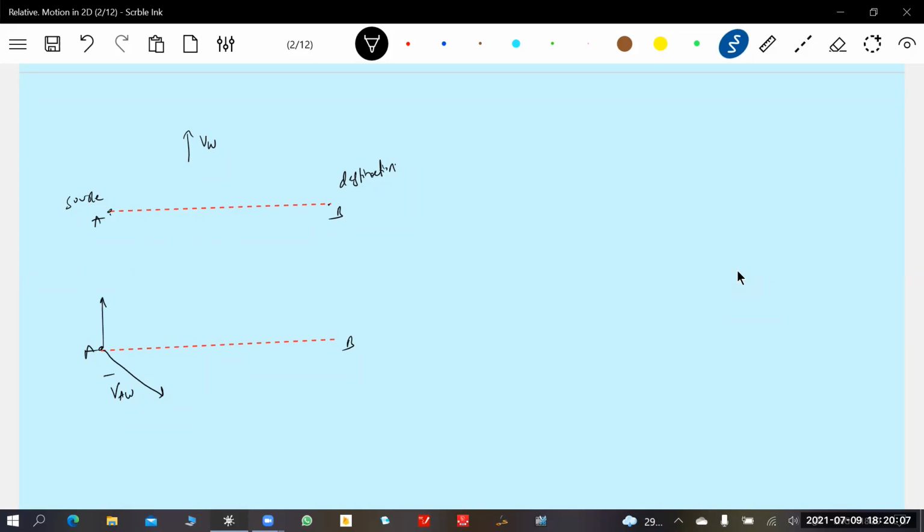Velocity of wind is like this. Then minus VW should be like this. Then VA bar will be in this direction. The velocity of aircraft with respect to ground should be directed along the path AB. For that purpose, the effect of wind will come into the picture.